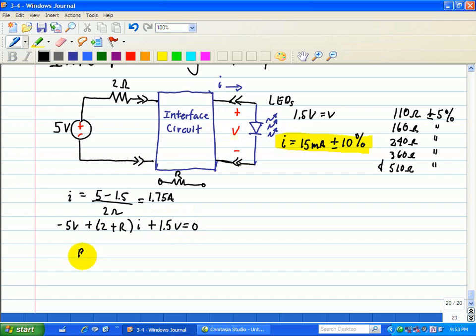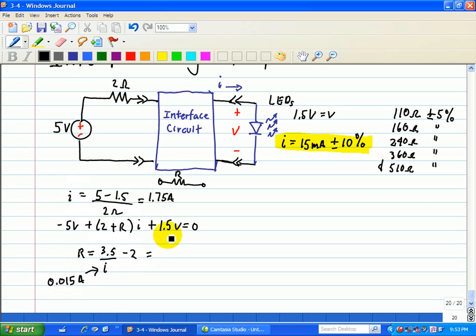Now this implies that R is equal to 3.5 divided by I, minus 2. Now I in this case is equal to 15 milliamps or 0.015 amps.